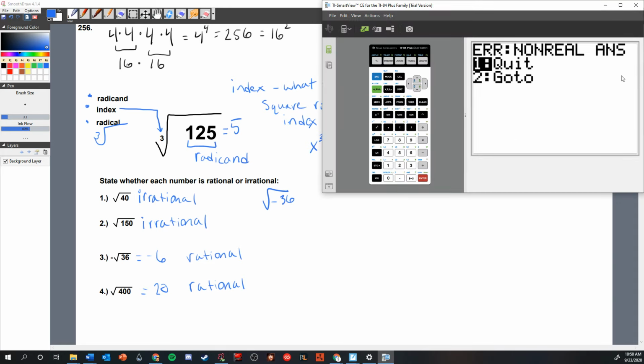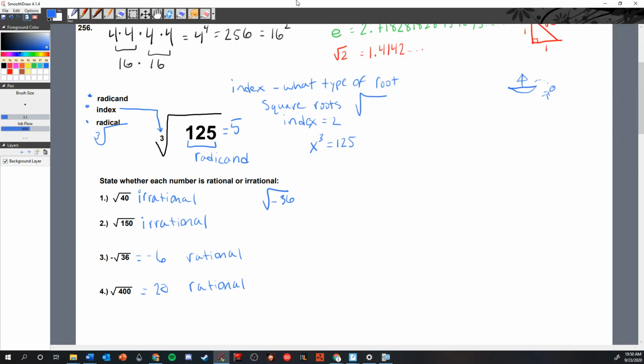Whoa, I got an error. It says non-real answer. Does that mean there are numbers that are not real, that when you square them, they're negative? Yes. Fortunately, we're not going to worry about them right now, or probably for most of Algebra 1.